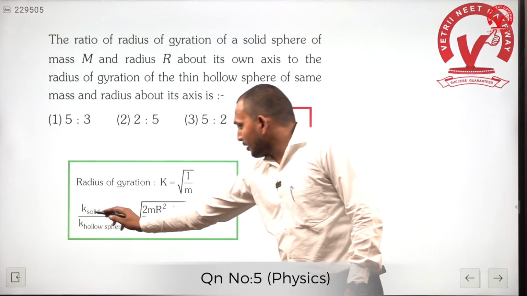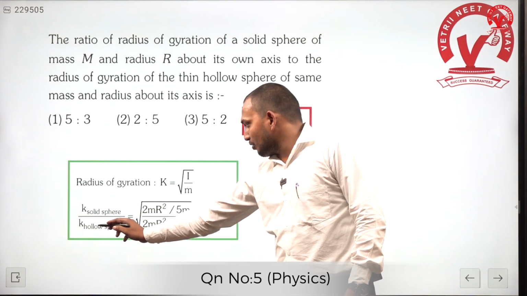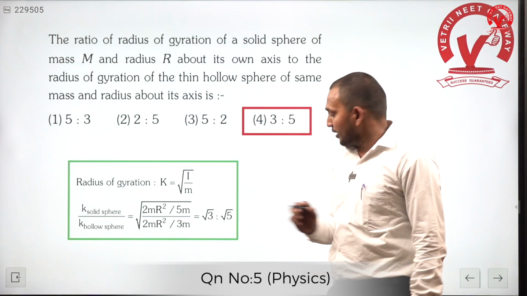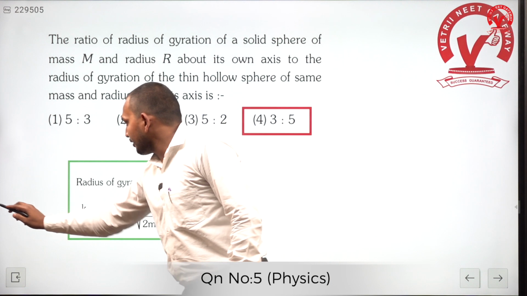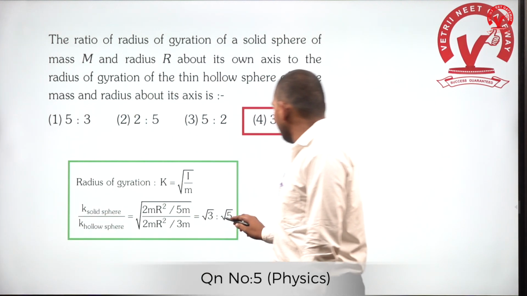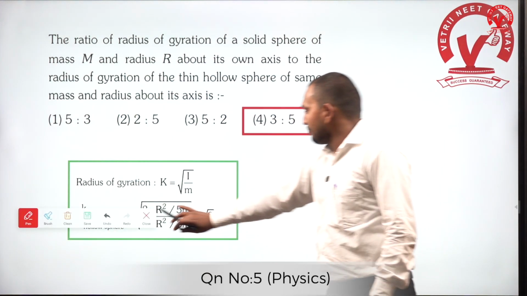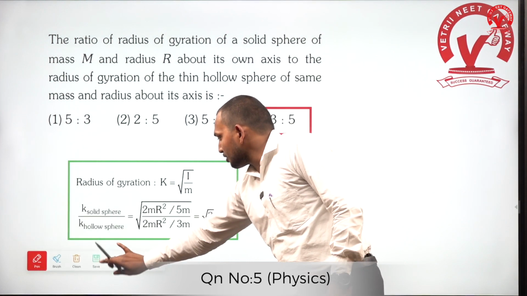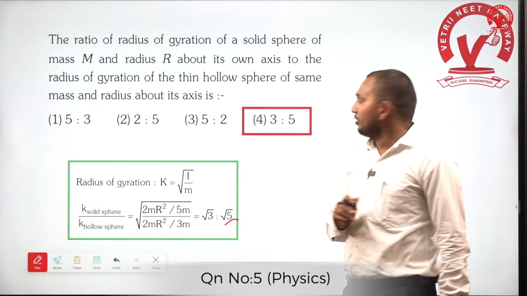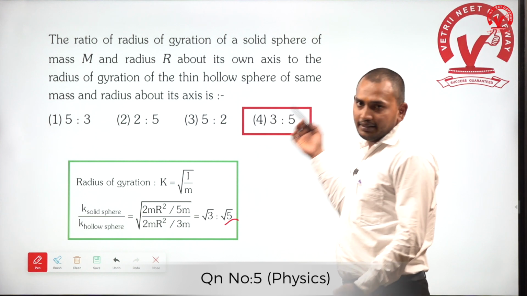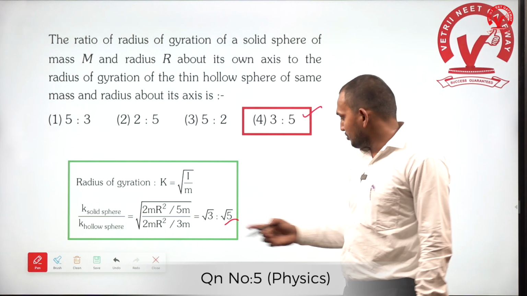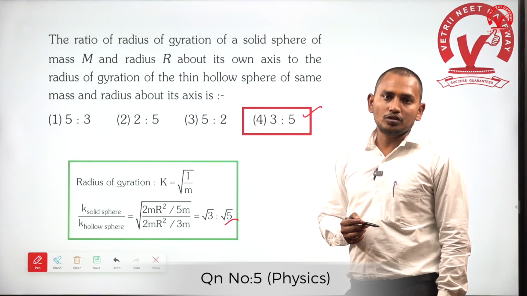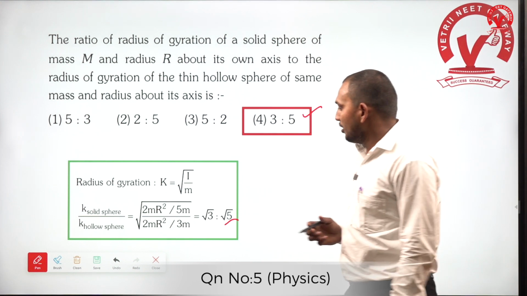Then k solid sphere by k hollow sphere, when we solve it, we will get root 3 into root 5. Root 3 into root 5. But in the options it is not there. So we have to choose option 4, otherwise the correct answer is root 3 is to root 5.